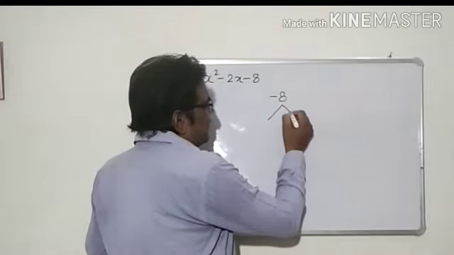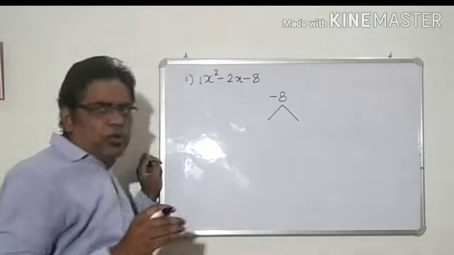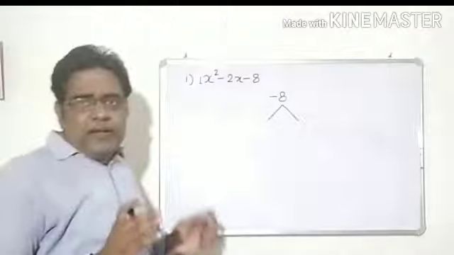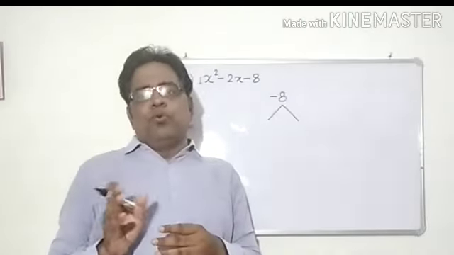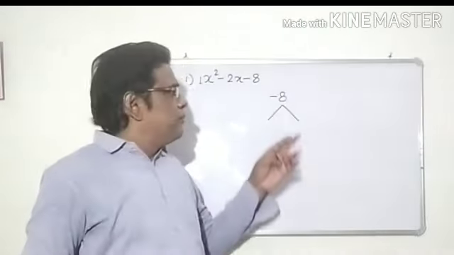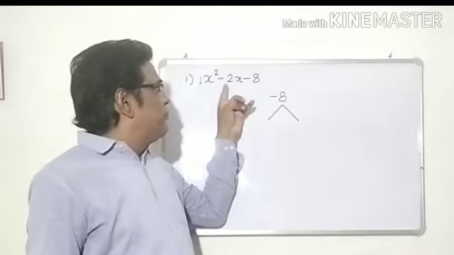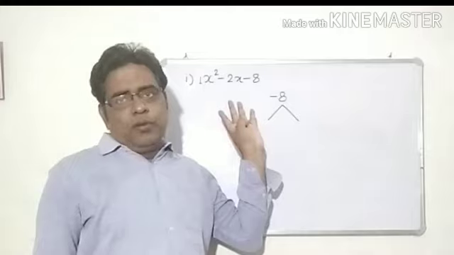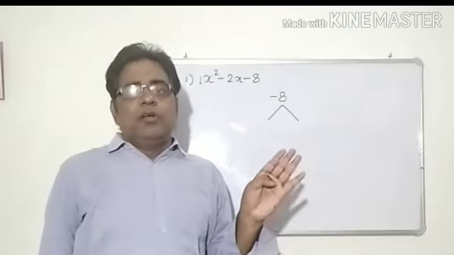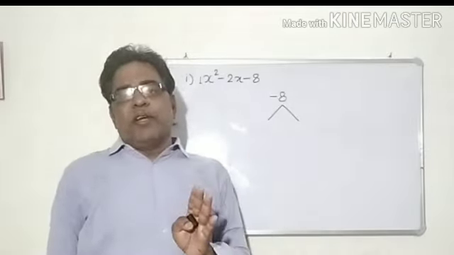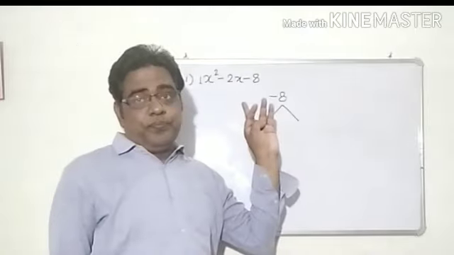So for the difference of 2, the two numbers that come to your mind are 4 and 2. 4 multiplied by 2 will give you 8, and the difference of 4 and 2 will be 2.